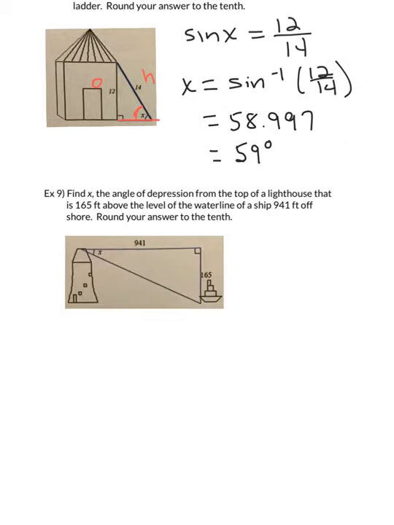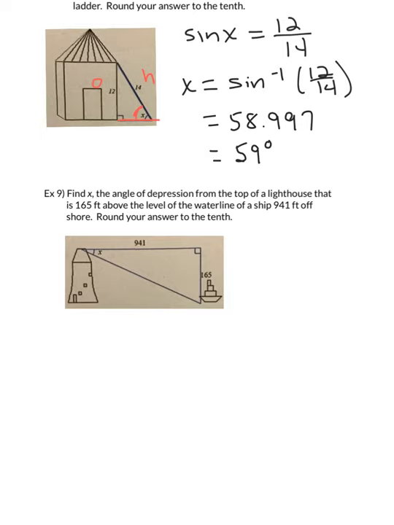On example 9, we are asked to find x, which is the angle of depression, from the top of a lighthouse that is 165 feet above the level of the water line of a ship that is 941 feet off of the shore. And again, we are told to round our answers to the 10th. And you will find that in ALEKS, they give you the pictures, so you just need to determine what function you need to use.